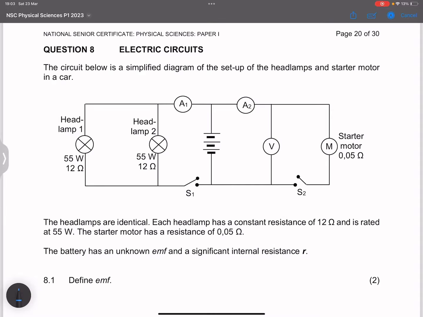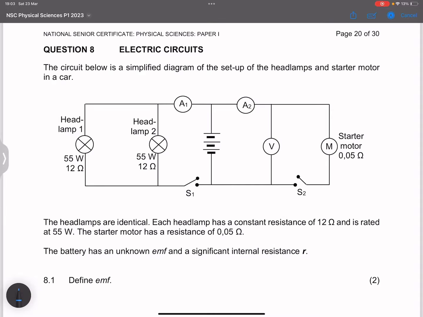The starter motor has a resistance of 0.05 ohms. They say the battery has an unknown EMF and a significant internal resistance. Define EMF. EMF is the total energy per unit charge within the battery.